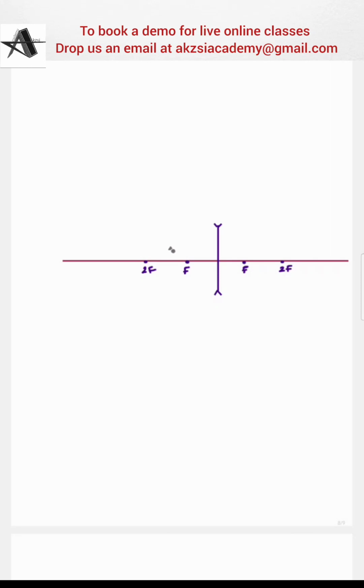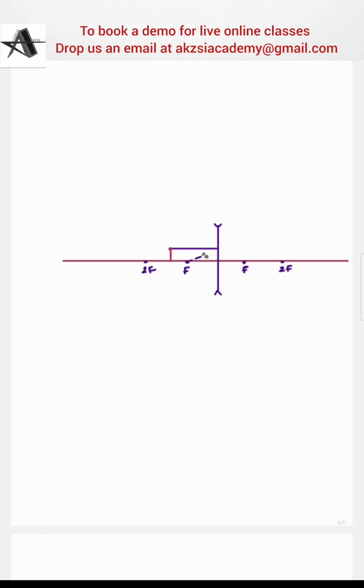Here, say for example, the object is between 2F and F. We'll do the same thing. That means draw a line parallel to the principal axis, and once it reaches the lens, instead of passing through, it will just go as diverging rays. Instead of converging, it will diverge, but in the direction of this one.